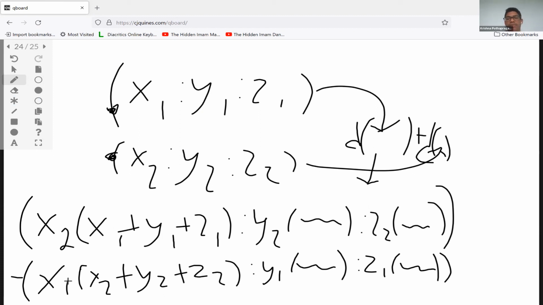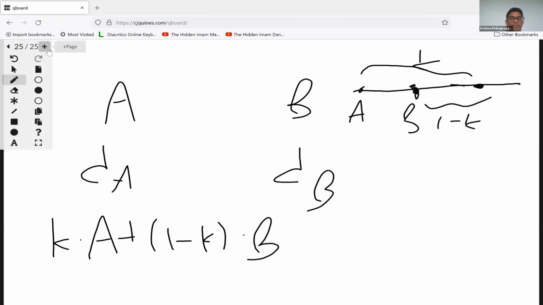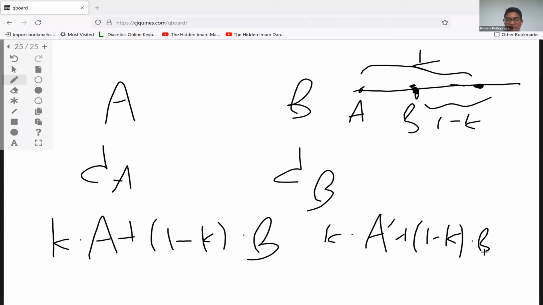That means each of these new representations of A and B has at most degree of A plus degree of B. And then we're able to combine them just like this: K times A prime, which is the new representation of A, plus 1 minus K times B prime, which is the new representation of B.